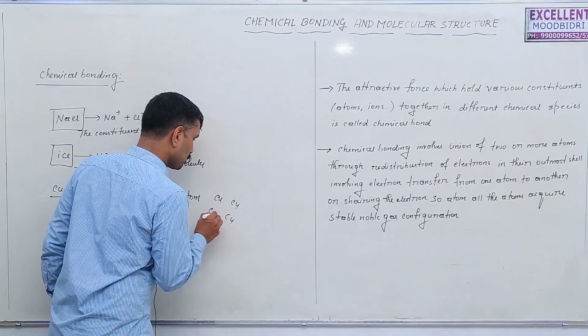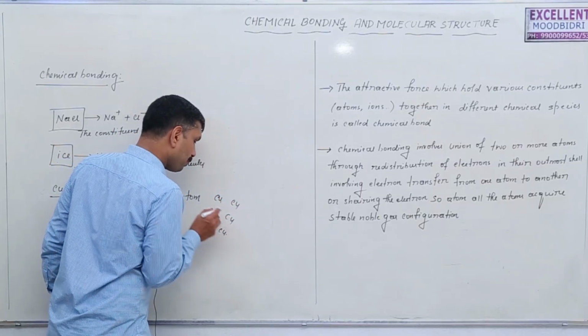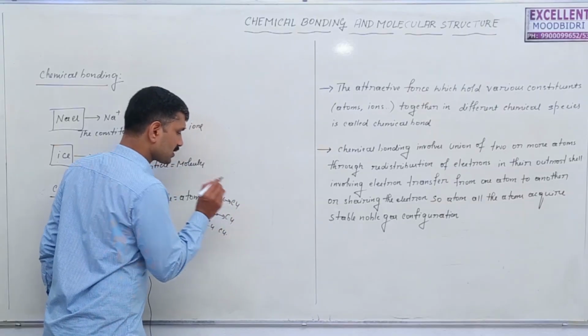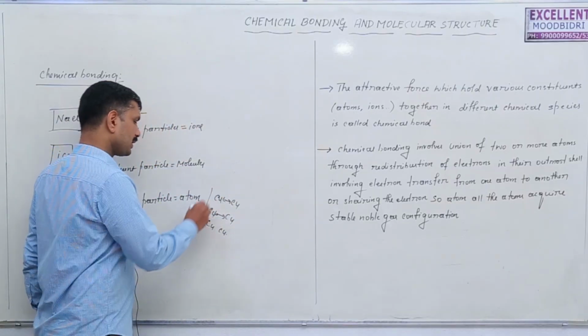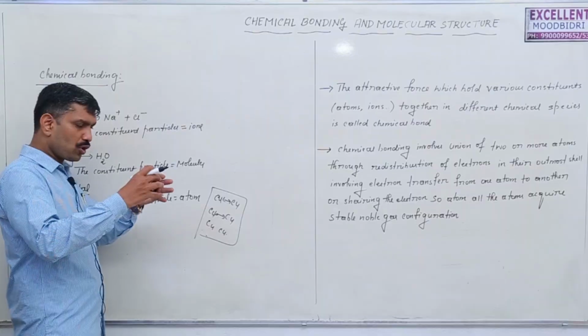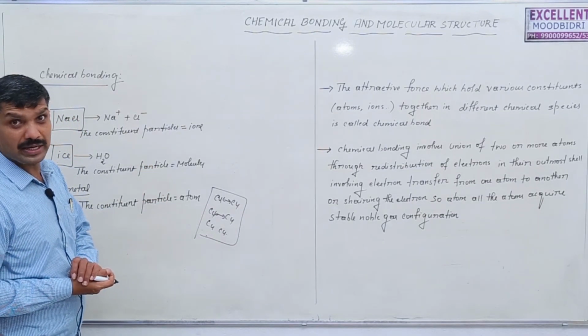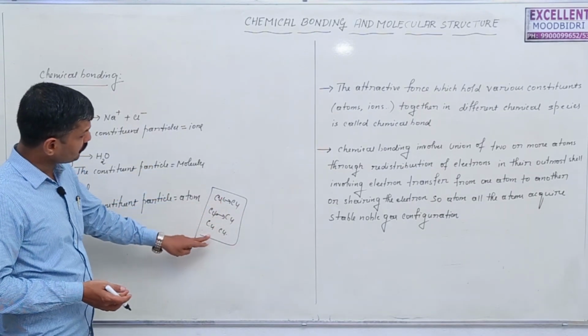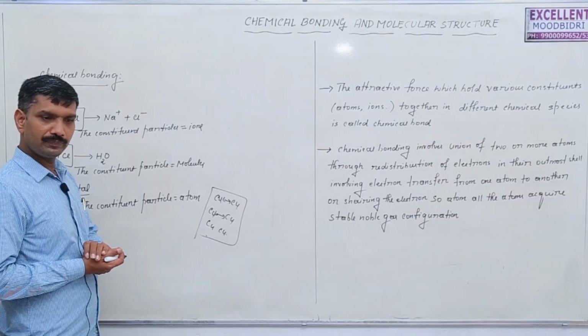The copper atoms are held together by some force of attraction. That attractive force is known as a chemical bonding.